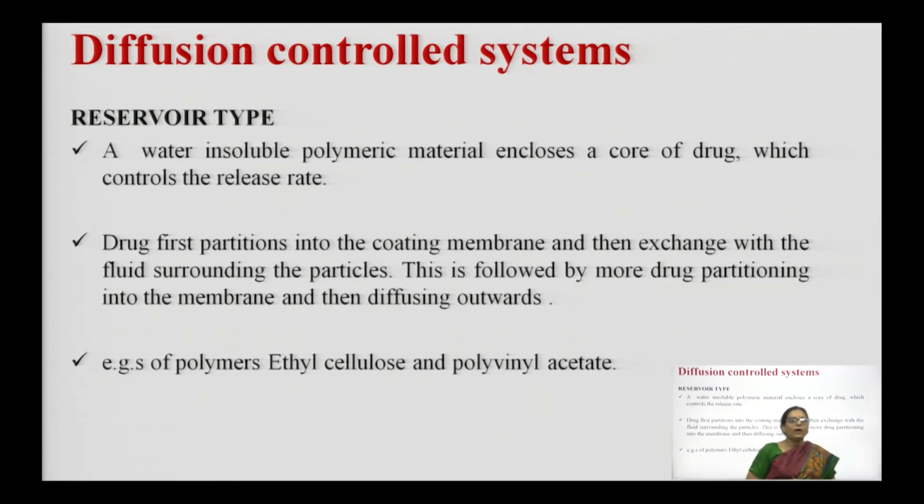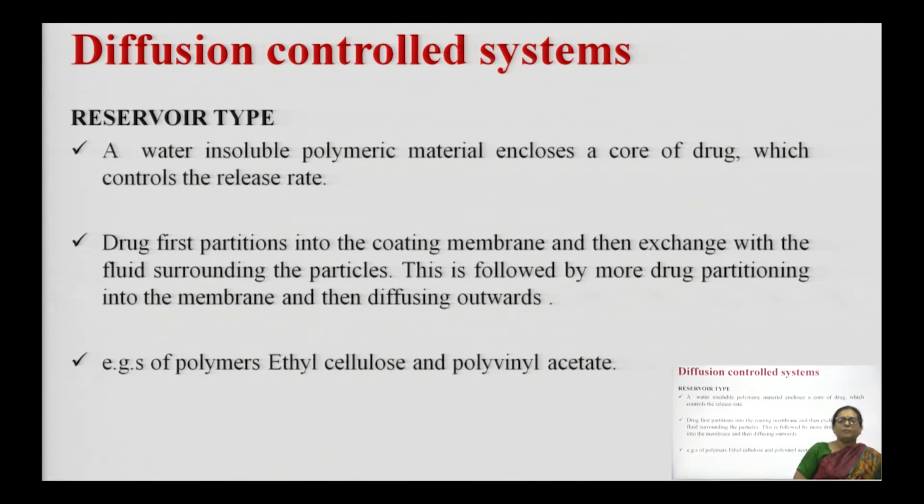So, in reservoir type of systems, as I earlier mentioned, a water insoluble polymeric material encloses a core of drug which controls the release rate. Now, what happens is that the drug will first partition itself into the coating membrane, and this partitioning of drug into the coating membrane is important because it in turn depends upon the partition coefficient of the drug, and then the drug present in the membrane would be exchanged with the fluid surrounding the particles.